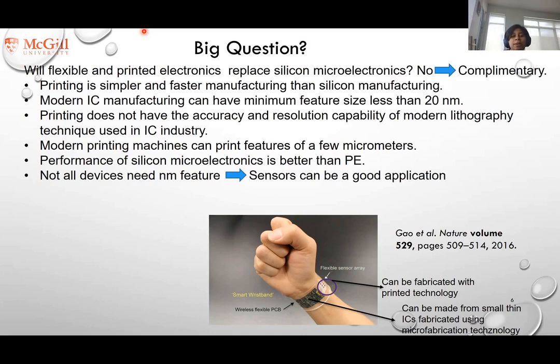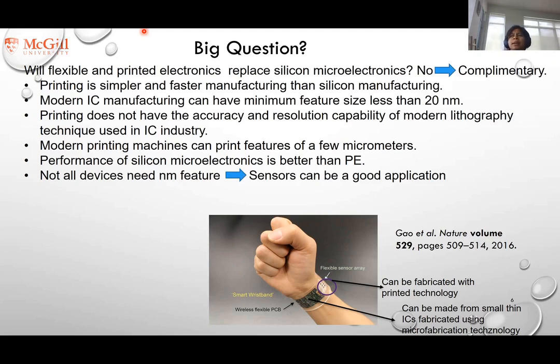Even the very best printer can print features of a few micrometers. So you can think, from the point of view of a transistor, something with a 20 nanometer channel length definitely will be way faster than something with a 20 micrometer channel length.